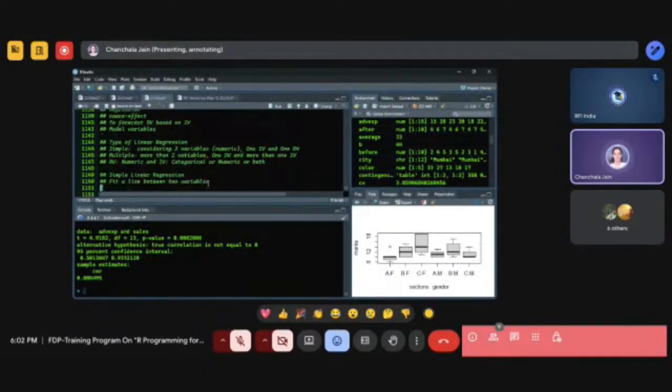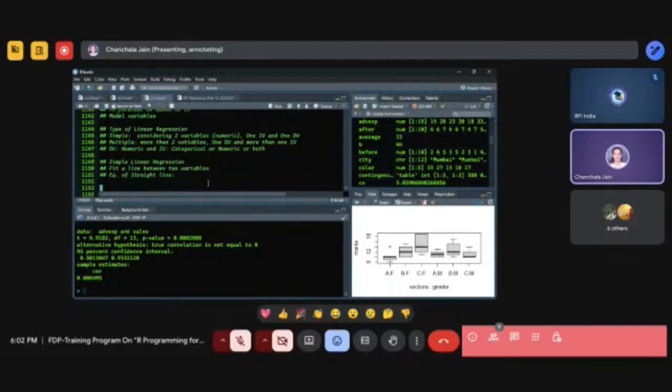I think in the school days we all have studied the equation of a straight line. Anyone who can tell me what is the equation of a straight line? Y is equal to mx plus c. Very good.